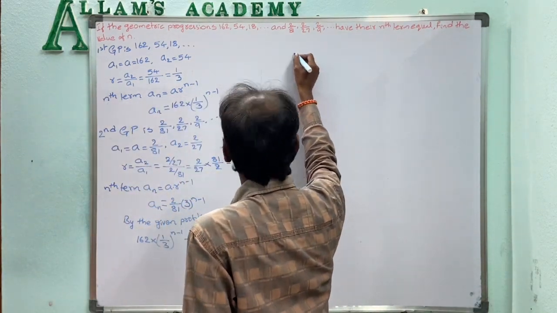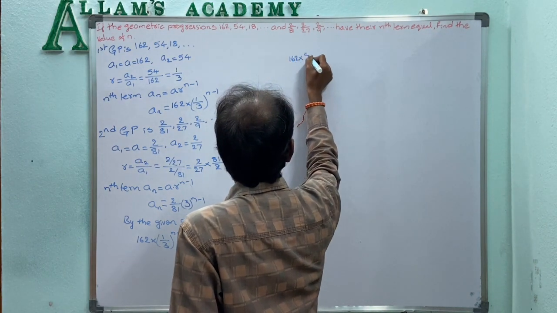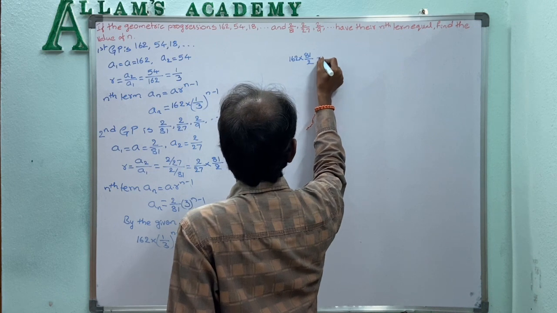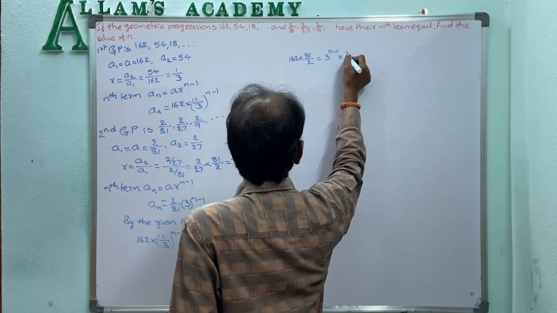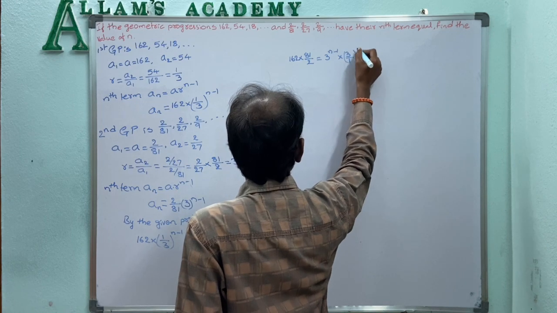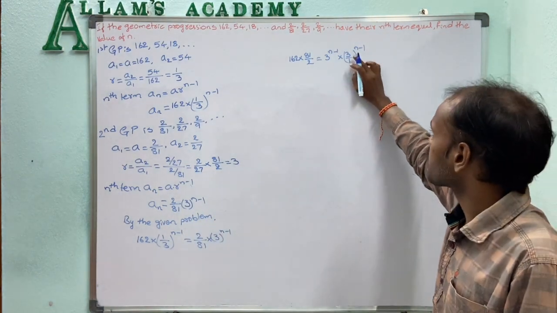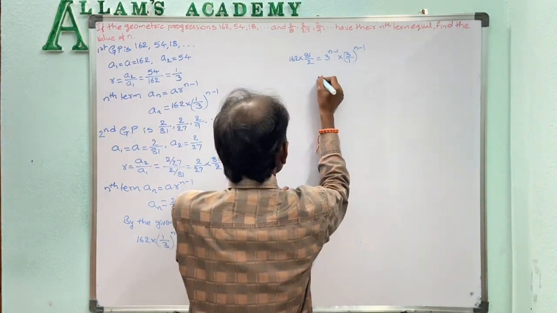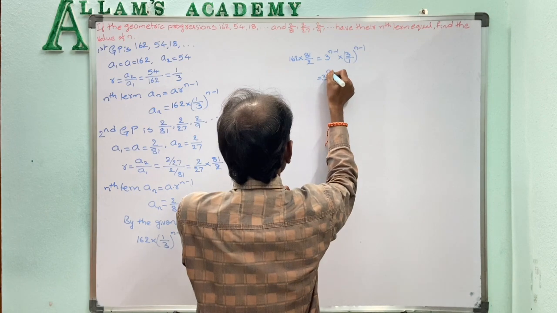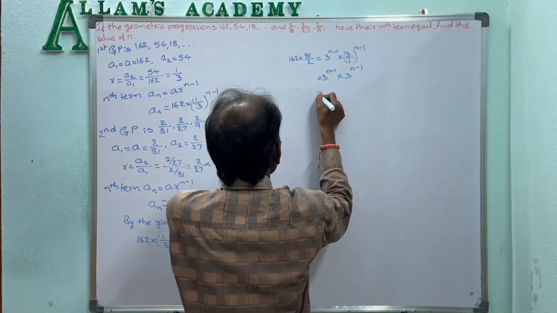So 162 into 81/2 is equal to 3 power n minus 1 into (3/1) whole power n minus 1. Now on the RHS, if we observe, 3/1 is nothing but 3 only, that is 3 power n minus 1 into 3 power n minus 1.